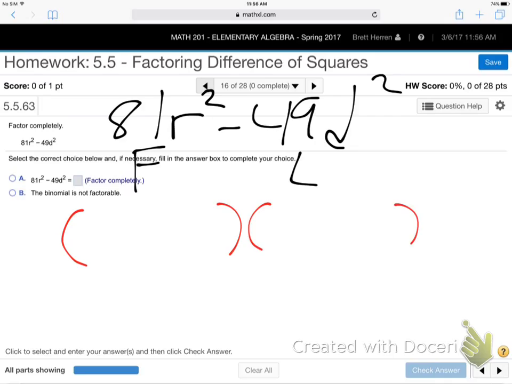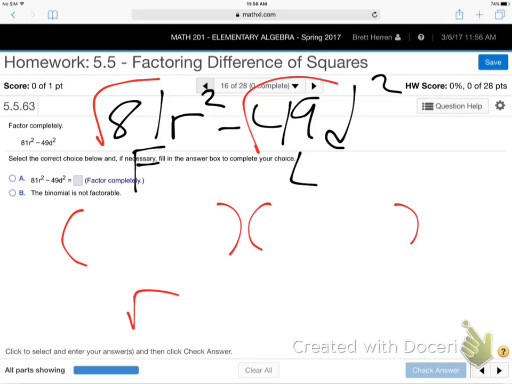So front times front. Use your calculator if you're rusty to make 81r squared. By the way, you can hit the square root button. Hit the square root of 81. Hit the square root of 49. It'll tell you what multiplies. That's what the square root button does. It says what times itself is this.